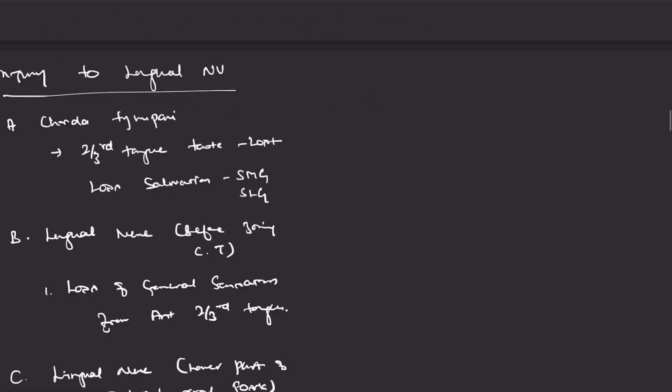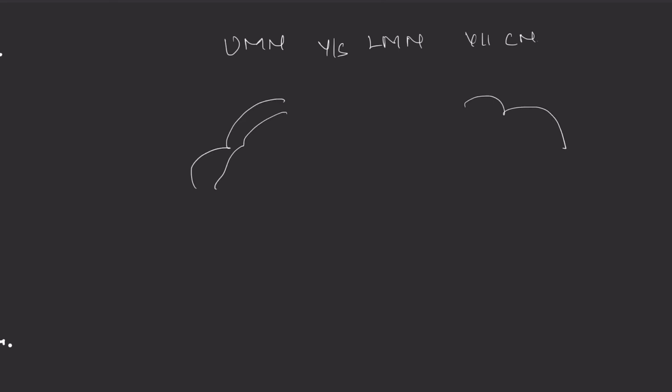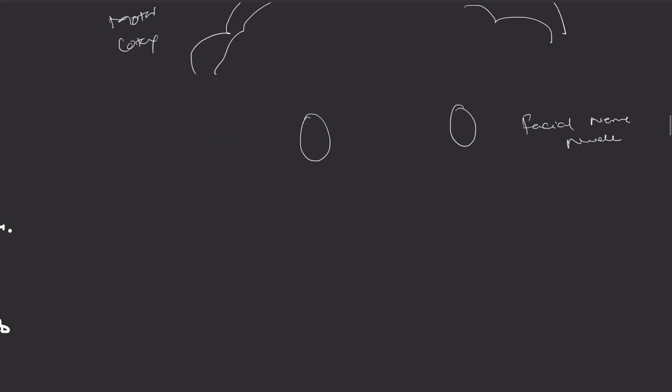Now coming to the lesions in the face. Let us consider upper motor neuron lesion versus lower motor neuron lesion in the 7th cranial nerve. So this is the motor cortex, this is the facial nerve nucleus, and this is the face. Remember, the lower half of the face is indicated with red and the upper half of the face is indicated with blue.